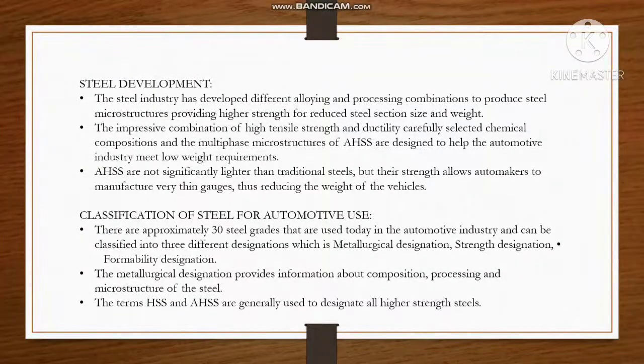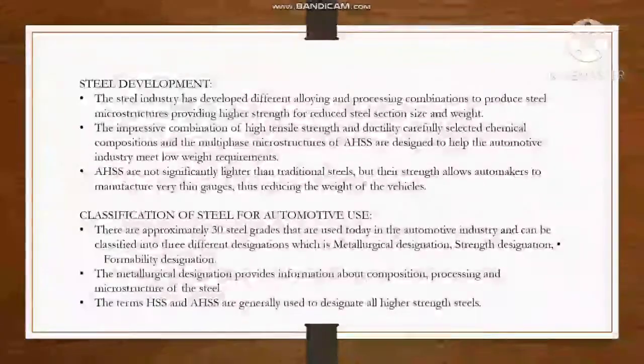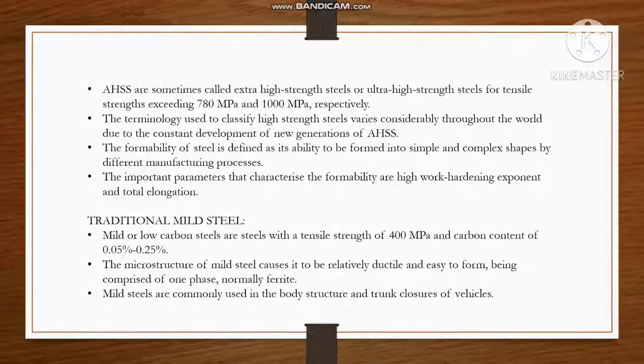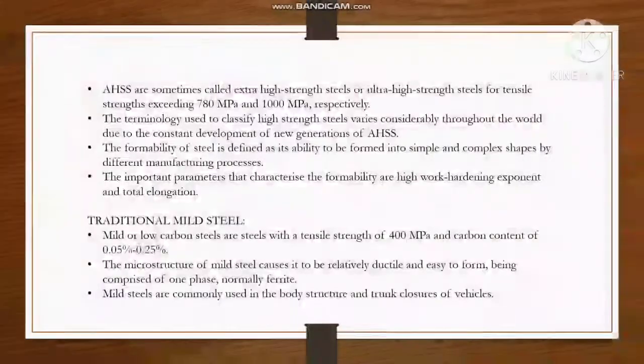The terms HSS and AHSS are generally used to designate the higher strength steels. We can see it here. AHSS, called extra high strength steels or ultra high strength steels, is exceeding 780 MPa and 1000 MPa.